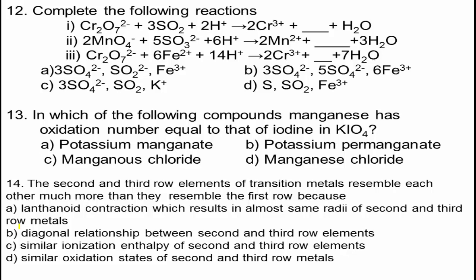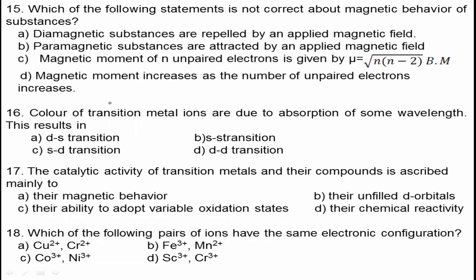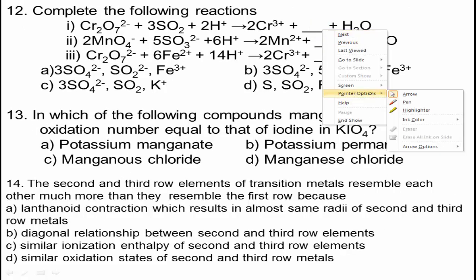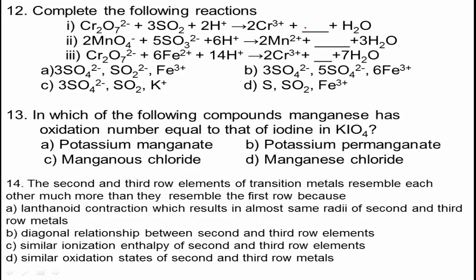When you observe these reactions, the products are here. In the first reaction, there are 3 moles of SO4 2 minus as the product.